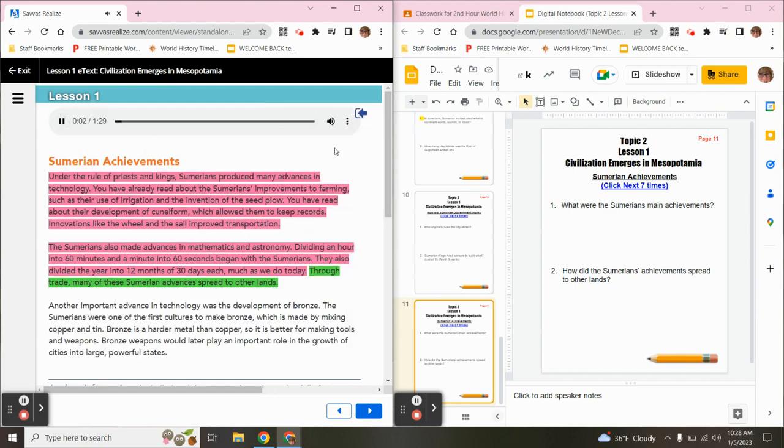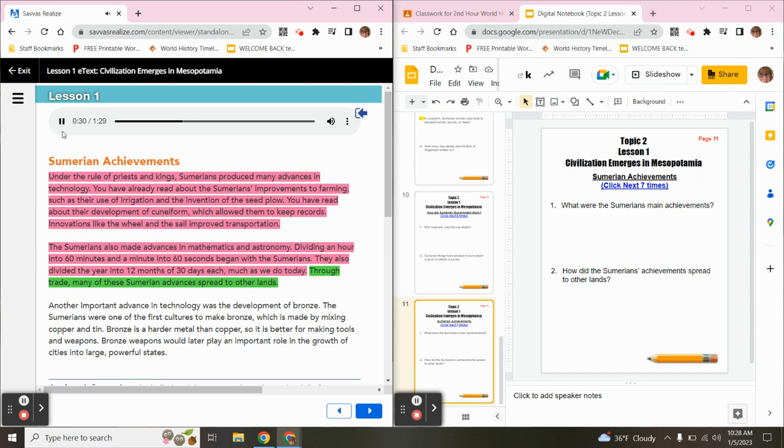Sumerian achievements. Under the rule of priests and kings, Sumerians produced many advances in technology. You have already read about the Sumerians' improvements to farming, such as their use of irrigation and the invention of the seed plow. You have read about their development of cuneiform, which allowed them to keep records. Innovations like the wheel and the sail improved transportation.